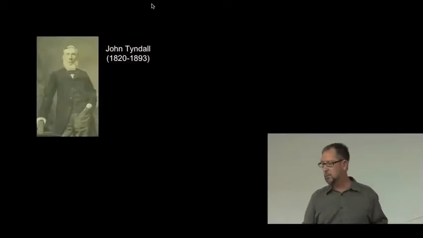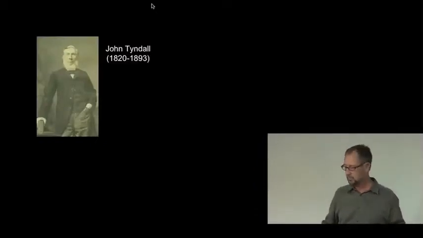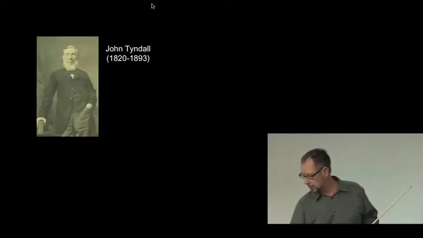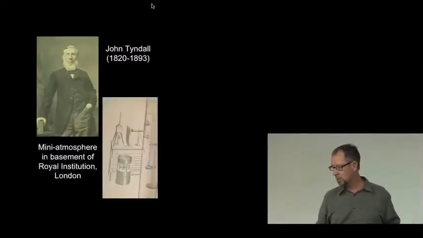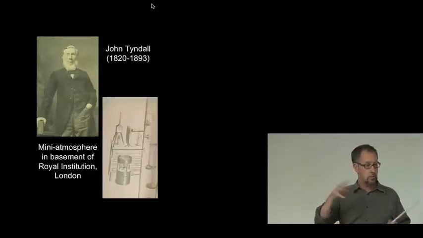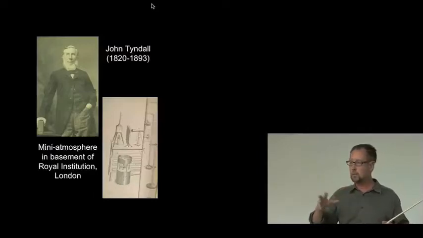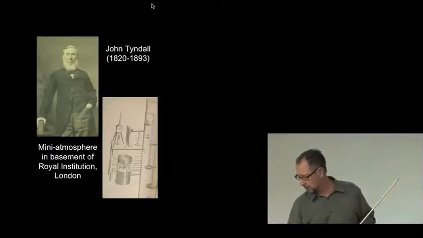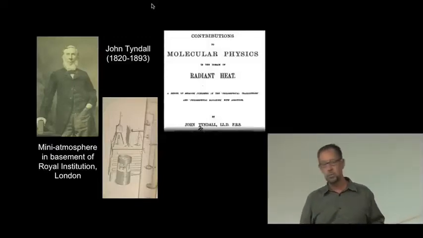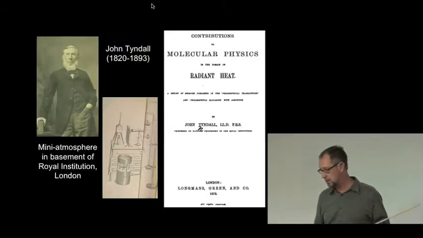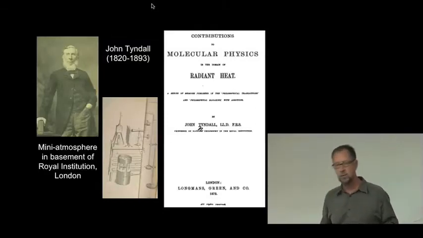And what he did, this is a few years later when he was Sir John Tyndall, he set up a laboratory in the basement of the Royal Institute and began, it was like a mini atmosphere, and he began testing different gases to see which ones absorbed infrared heat. And he published this in the 1860s, or 1872 actually.